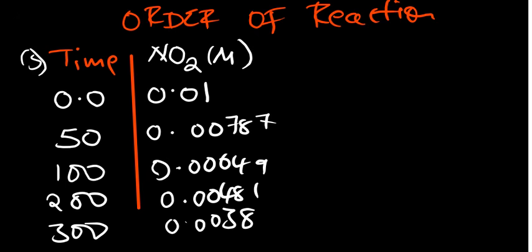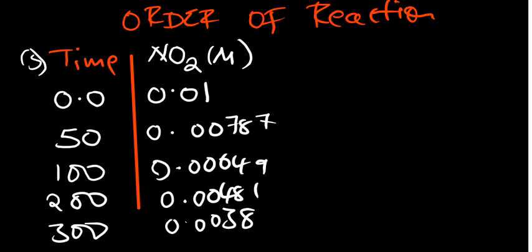So how do you predict the reaction order here? The first method we are going to work with is graphing. We need to sketch the information that we've been given and see what we are going to have.